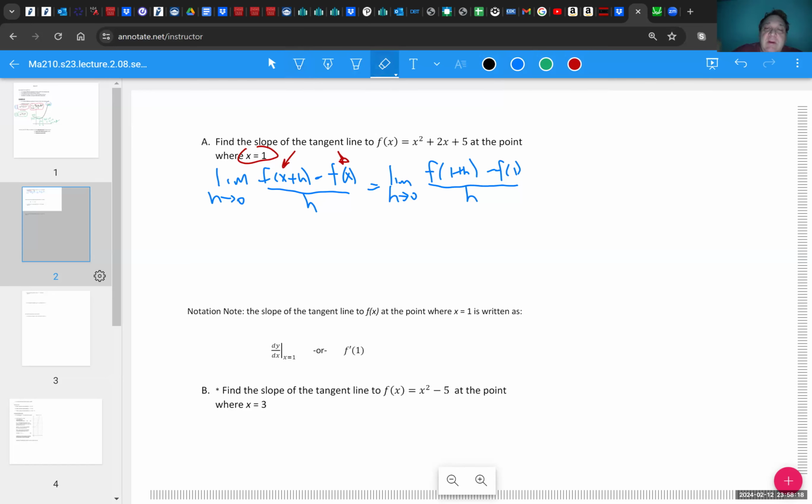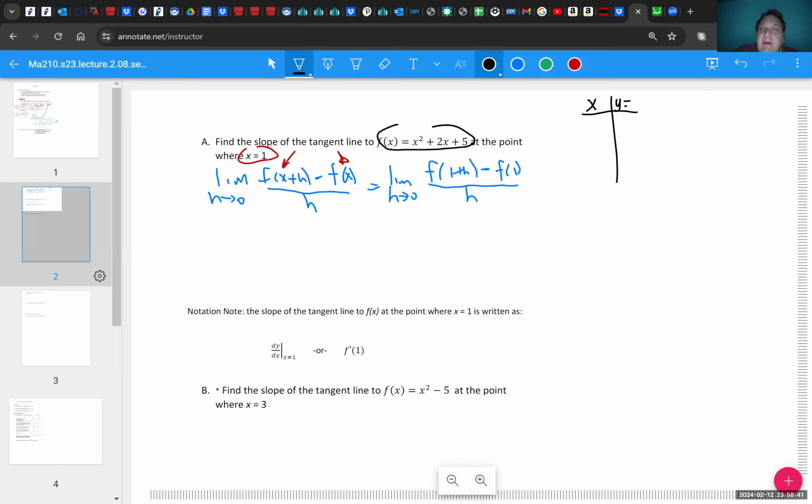Okay, we're going to use the function to find these function values. So I do have my function right here. I'll make a little t-table.